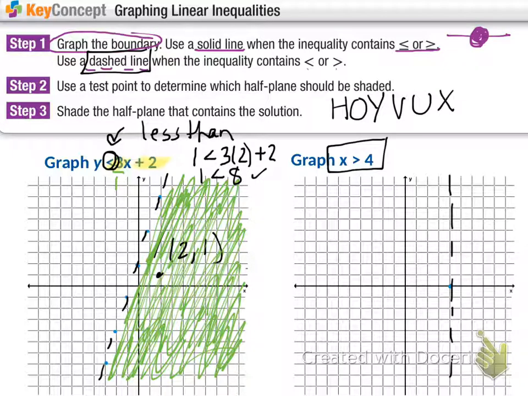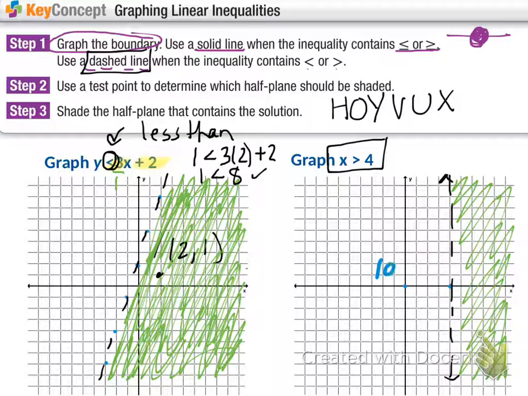There's my dotted line. Okay, so like I was saying, this makes it really hard to decide where to shade. It says x is greater than 4. So you need to think about where are the x values greater than 4? They're over here. And again, we could test it. There's a really nice point that's easy to test, and that's 0, 0.